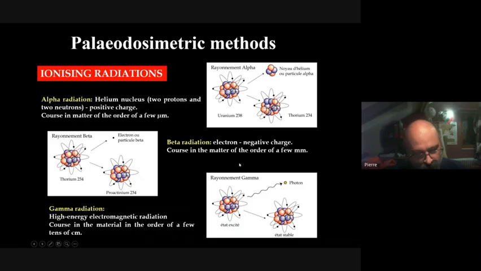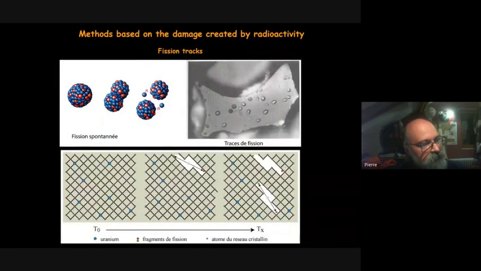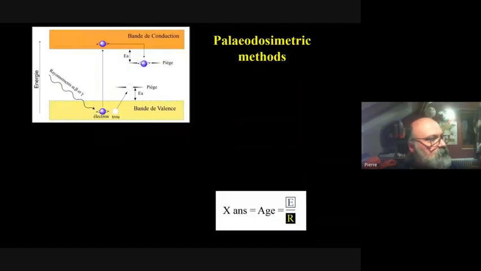It depends on the material we analyze and the specific method we try to use. The first one is not used now. It is now totally not used because it's very complicated and it works on very few materials. It is fission track, so I won't talk about that.